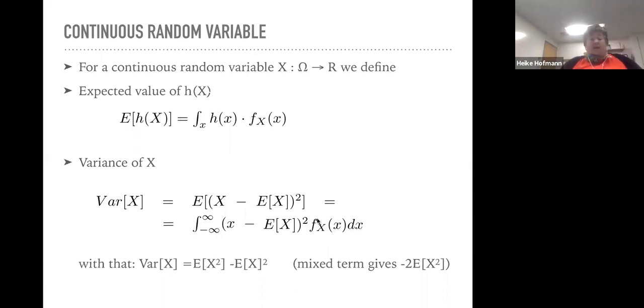So again, a weighted average, because we know that f of x itself, if we integrate over it, is just going to integrate to 1. So expected value is again a special case of a weighted average, of h of x.